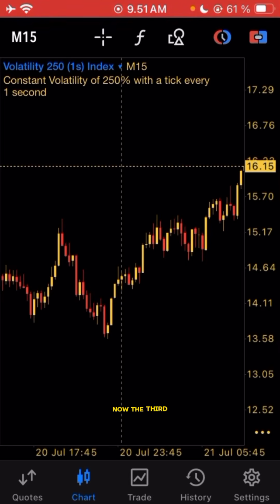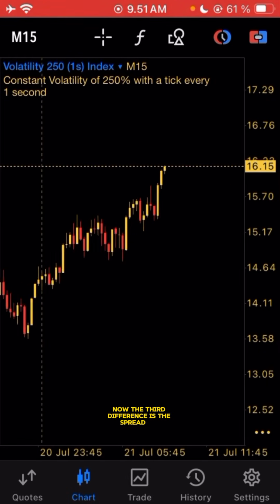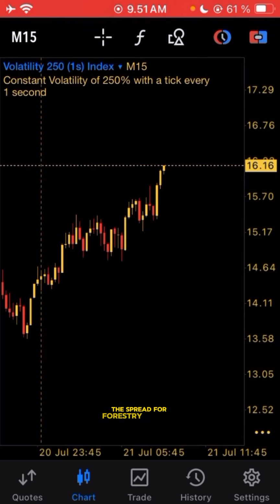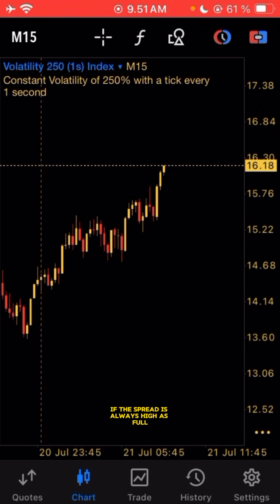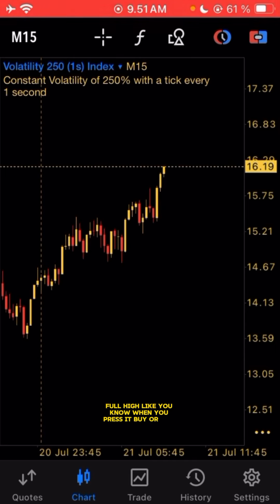Now the third difference is the spread. Yes, the spread for forex trading is very wild. Okay, the spread is always higher. It's so high. Like, when you press a buy or you press a sell, it doesn't appear in the same place. If you go to lower time frames, it appears in a very wide range.